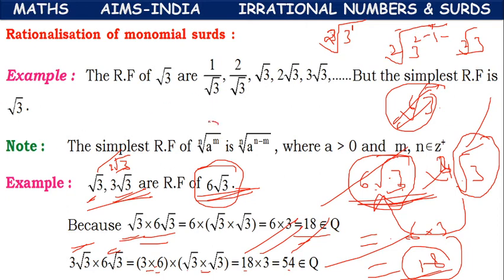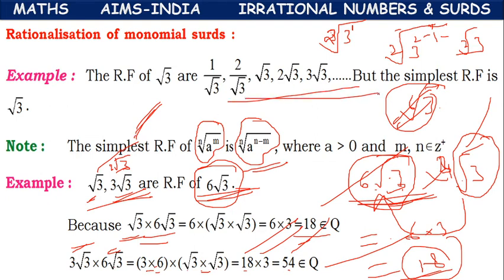The formula is, if the nth root of a power m is the surd, then the nth root of a power n minus m will be its simplest rationalizing factor. If we know one rationalizing factor, we can take all its multiples. All will become rationalizing factors of the given surd. Means rationalizing factors are infinite.